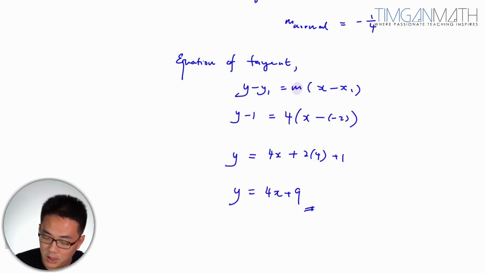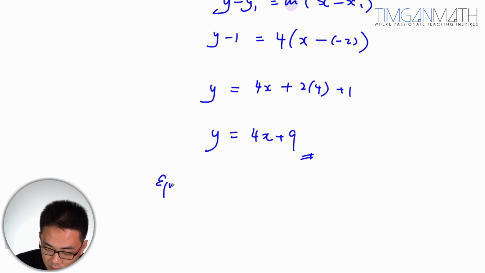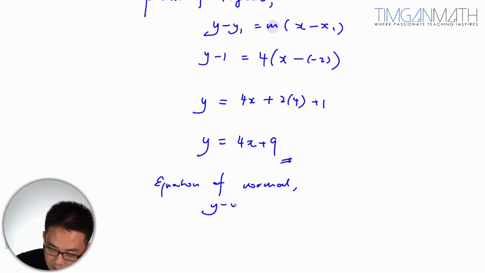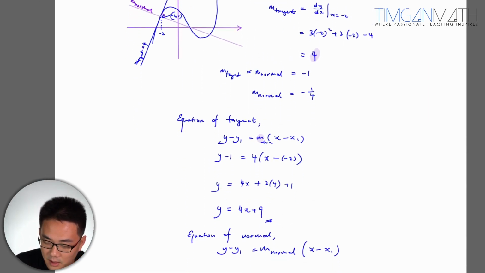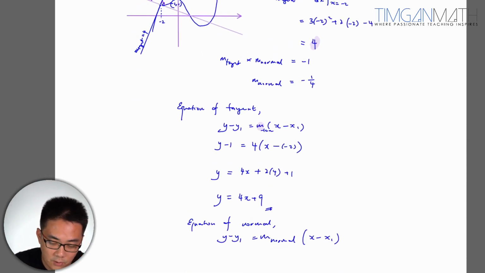Then after which we're going to find the equation of the normal. The equation of the normal, same thing. We're going to use y minus y1, but now instead of m tangent, we use m normal because for the normal, that is the gradient, so x minus x1. I prefer to use this expression because it's easier. But if you want to use y equals mx plus c, it works as well.